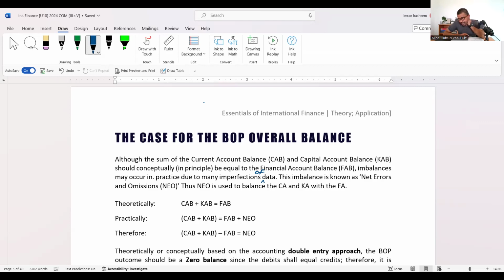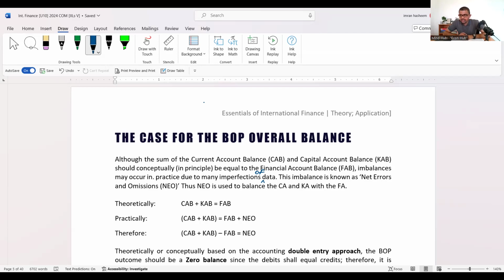We enter something in one place, but we don't enter it in the other place. Double entry, right? Things like that can happen. Or when we get some data from one authority, like customs, and when we get it from another authority on the same item, the values might not be the same. Likewise, there are many reasons for this to happen. Thus, the net errors and omissions, NEO, is used to balance the current account and the capital account with the financial account, right?